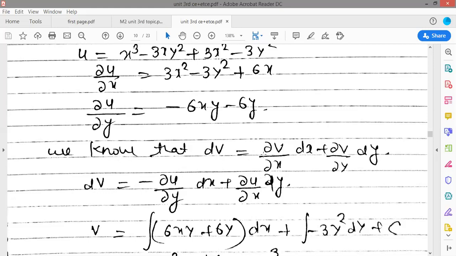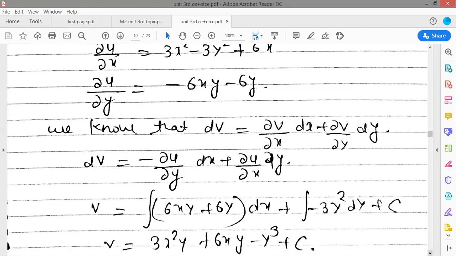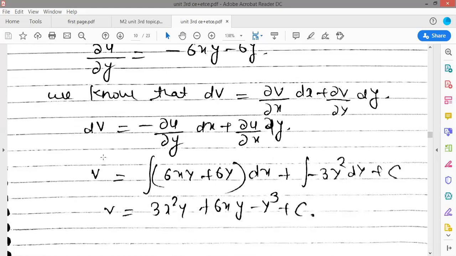Minus del u by del y, that means by using the CR equations, we can write this equation as this equation. So we know del u by del y and del u by del x. So dv is equal to the del u by del x value and the del u by del y value.